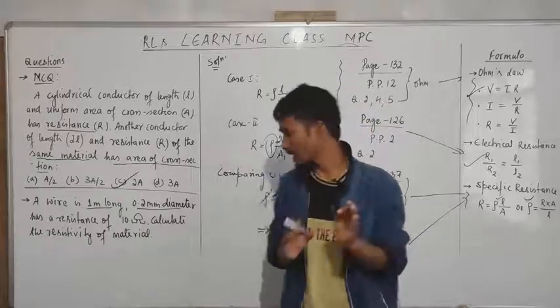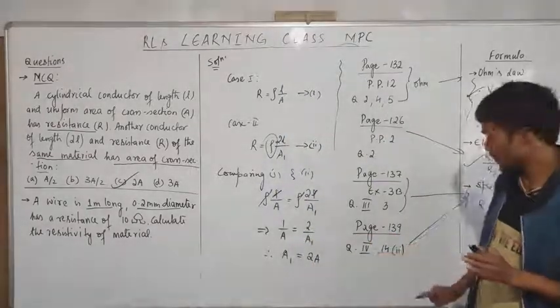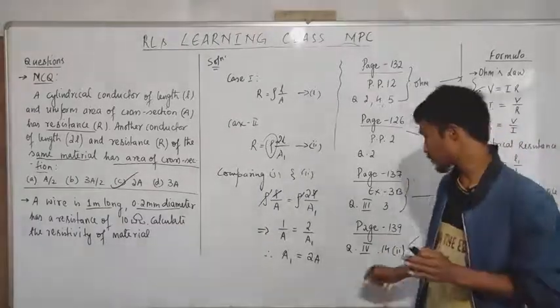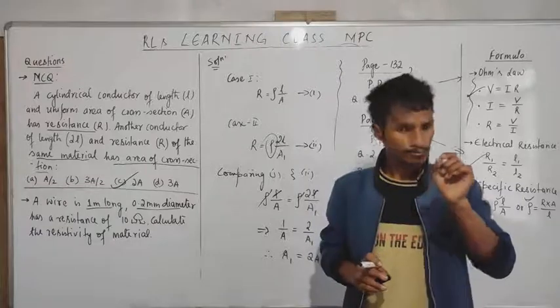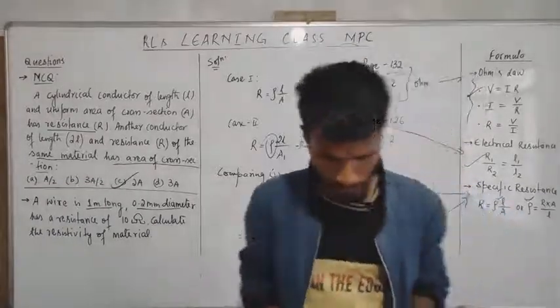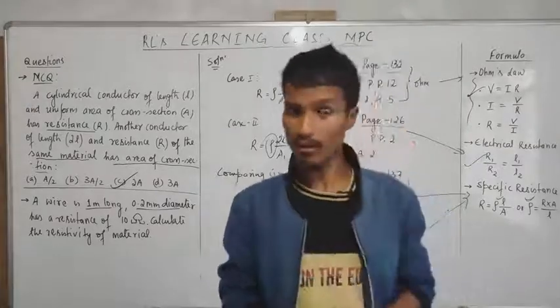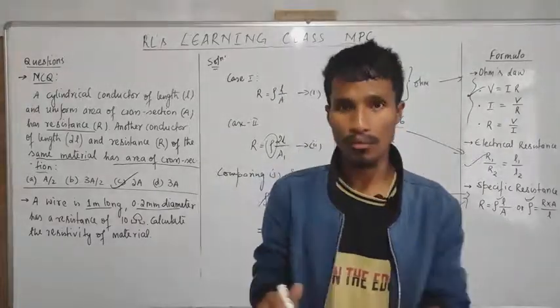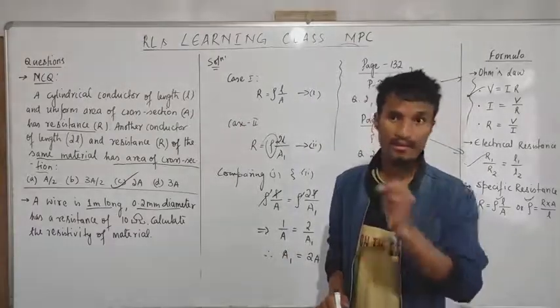Okay, do check that question, page 139, question number 14.2. That question is related to the case for resistivity. We give two cases and ask what the change in resistance is. Resistance obviously will change, as we already discussed in the factors affecting electrical resistance.